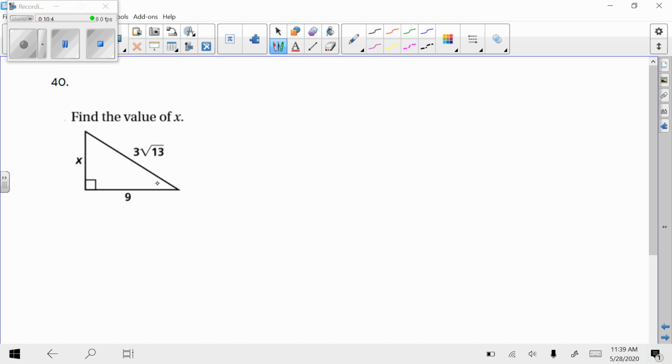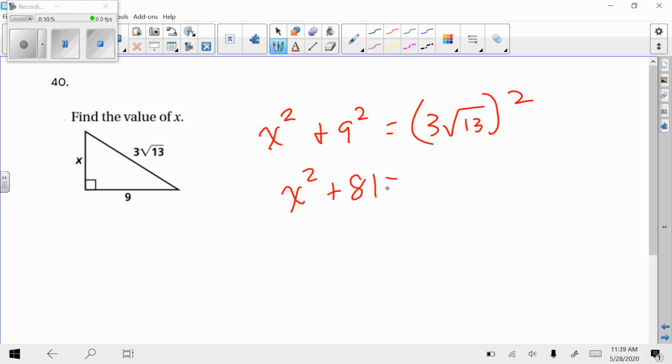And this is just the Pythagorean theorem, right? So x squared plus 9 squared is equal to 3 times the square root of 13 squared. So x squared plus 81 equals, now I wonder if when you do this on your calculator, you're not putting it in correctly or something, I don't know. But I would do that in my head. The square root of 13 squared is just 13, right?